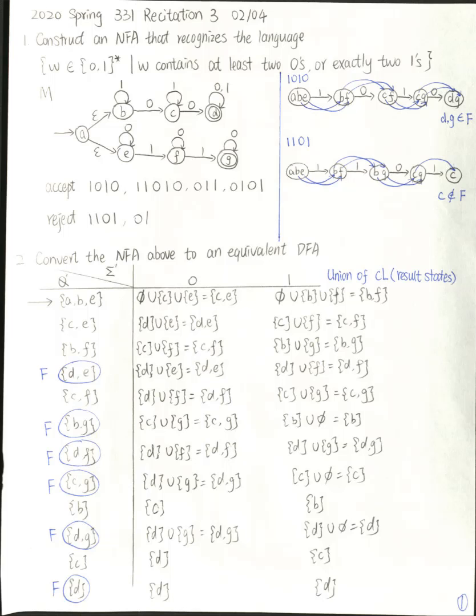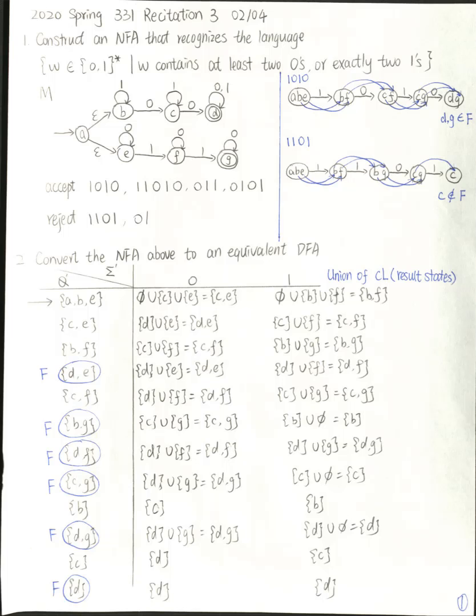So if I read a 0 from G, I will stay at G. But I can't read any ones because I need exactly 2 ones. So I don't add any transitions for 1. That means if I read a 1 from G, that branch of computation dies.